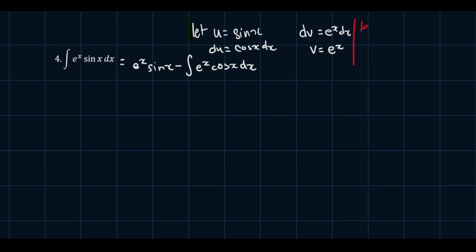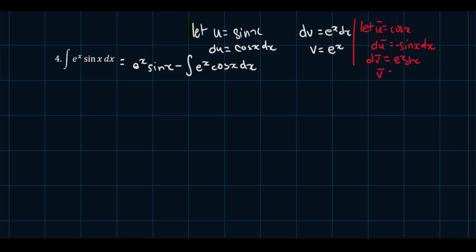So, lagay ko dito. So, we let u bar be equal to cosine x. So, du bar is negative sine. Should be negative. So, dv bar is equal to e raised to x dx.